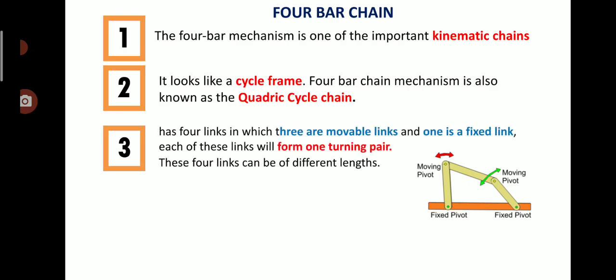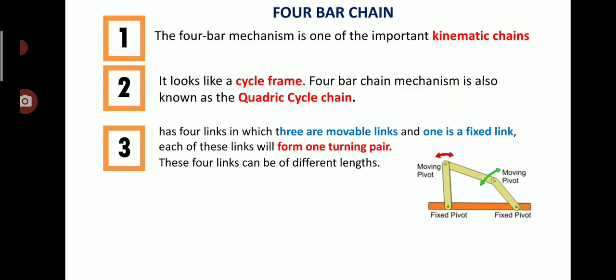The 4-bar chain has 4 links, in which 3 are movable links and 1 is a fixed link. Each of these links will form one turning pair. These 4 links can be of different length. So this is the important point related to the 4-bar chain.